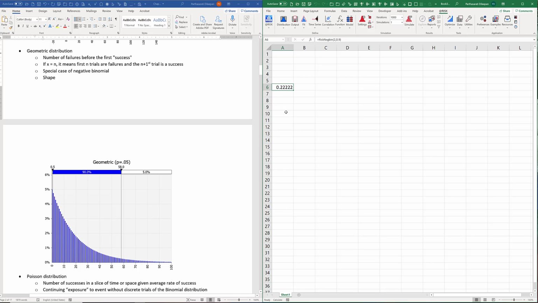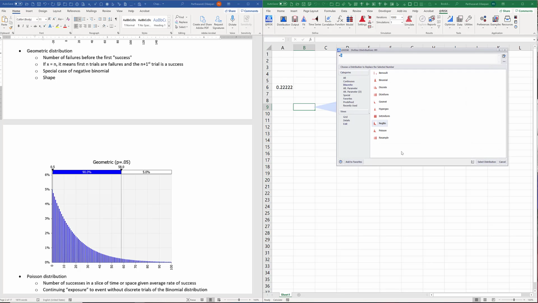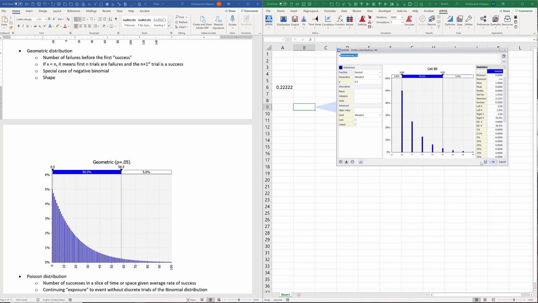Let's try here. Select a blank cell and then go to define. Now we want geometric. Here is the default p equal to 0.5. If it is 0.5, half the time the very first try is your success.